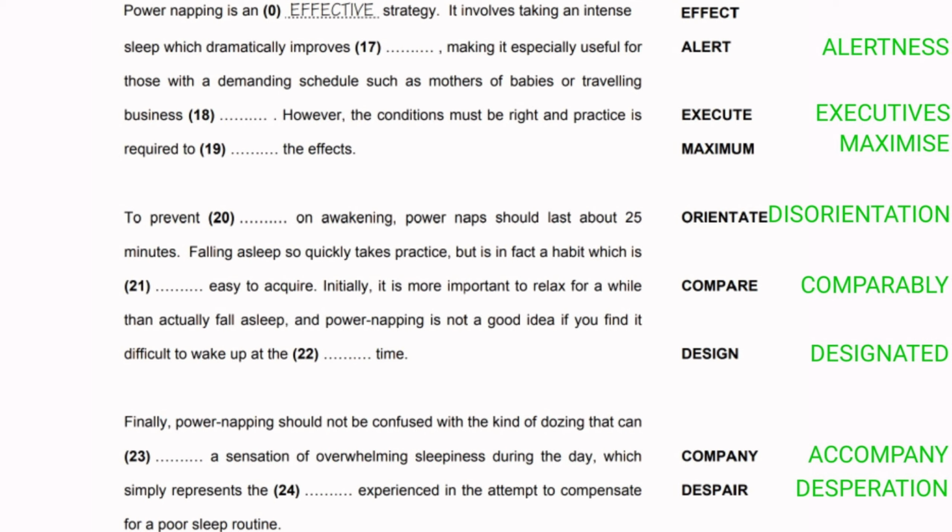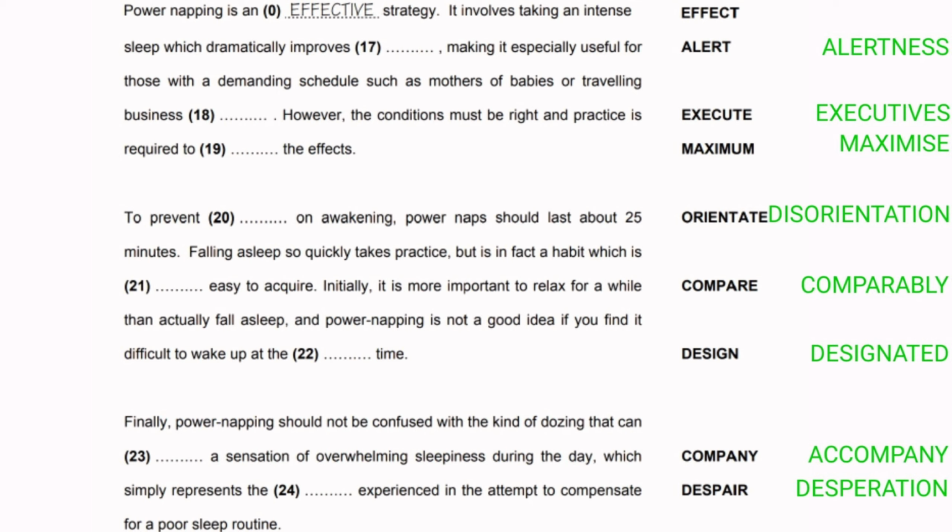Okay, so in number 21, we have something that can cause problems here. We have an adverb. It can often cause problems because the sentence without the adverb normally makes sense, and people struggle to think what kind of word could go in the gap. So falling asleep so quickly takes practice, but is in fact a habit which is easy to acquire.